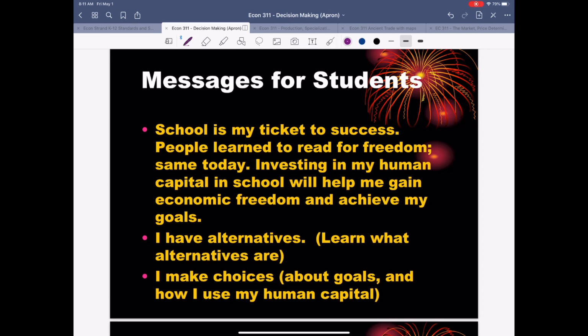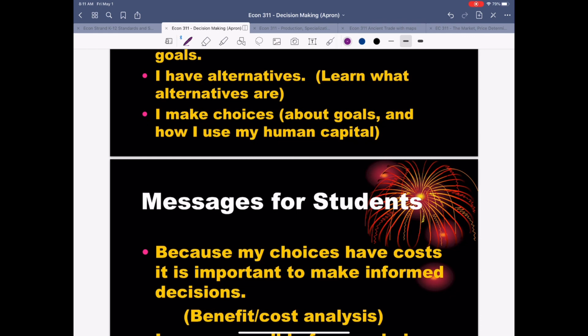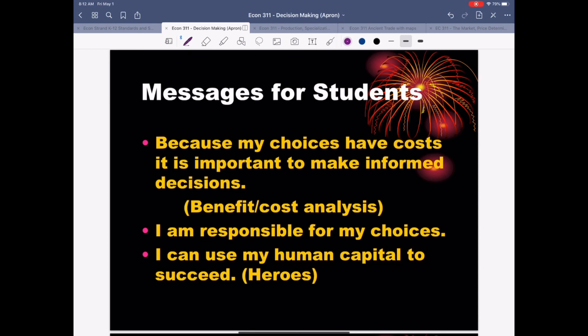We want students to know that they have alternatives. We want students to make choices using a clear decision-making process, recognizing goals, recognizing that they allocate their scarce and valuable human capital. We want our students to recognize that they have choices with costs, that the cost is what they give up when they make a choice.